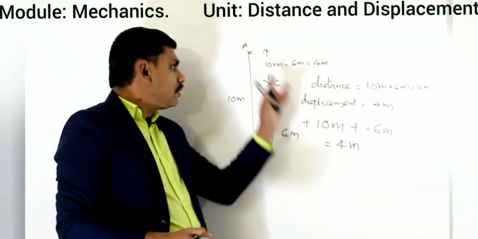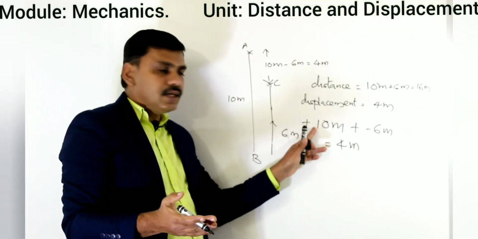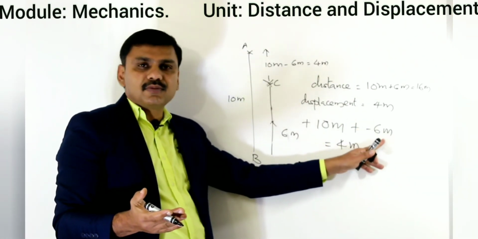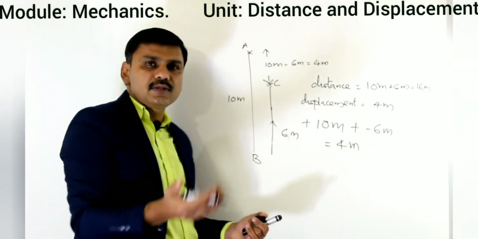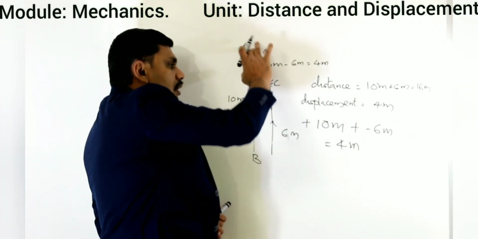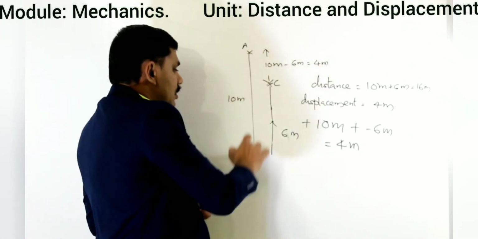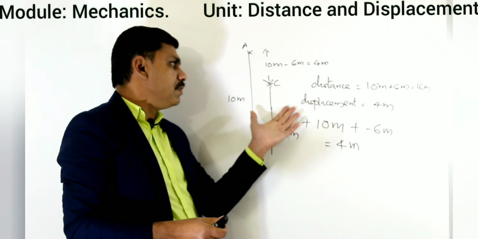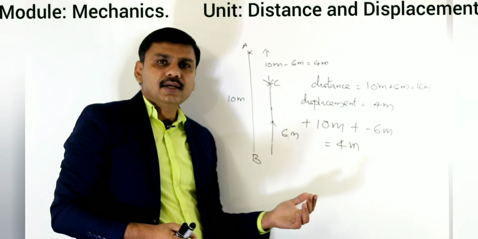That's why you are getting 4 meter. Or simply you can calculate displacement by taking the change in position. Initially at A, finally at C. So the difference will be 10 meter minus 6 meter, so it is 4 meter. So this is all about distance and displacement.